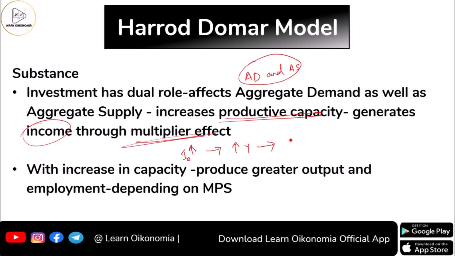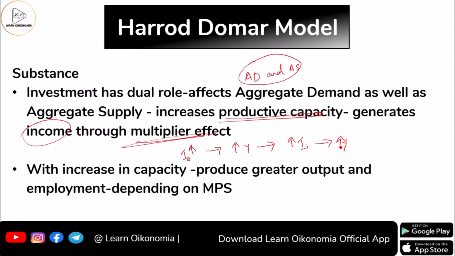This will lead to induced investment, which will again lead to increase in income, isn't it? So what this model was trying to say is that the first effect is on the aggregate demand and aggregate supply. Then it will increase the productive capacity, and this productive capacity will increase the income through the multiplier effect.